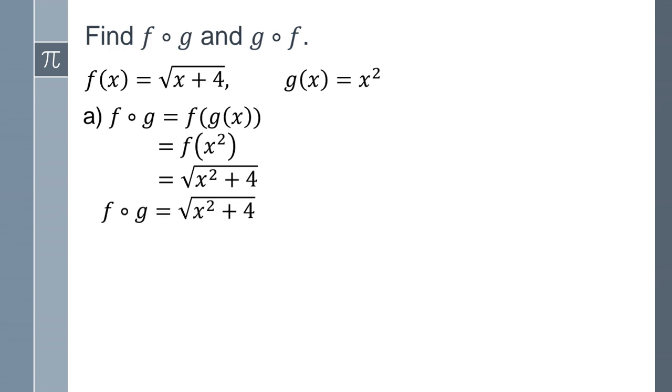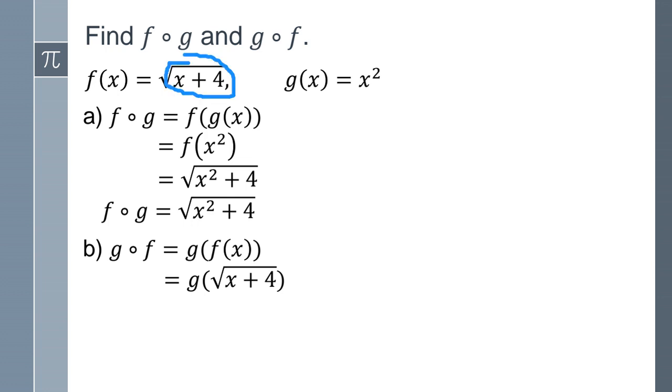Okay, now we're looking for g of f. Again, we apply the definition. This is f of x, so f of x is the square root of x plus 4.